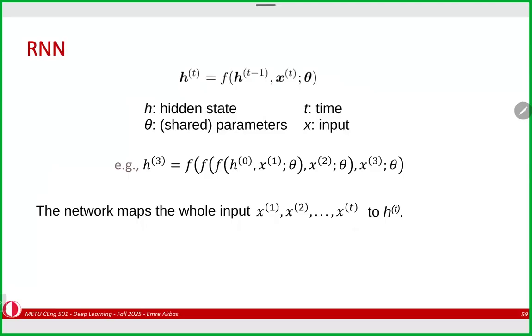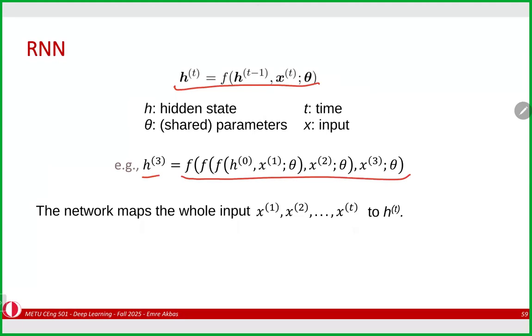If you expand this function for a few steps, for example, let's say to compute H3, you would get such a nested function call.